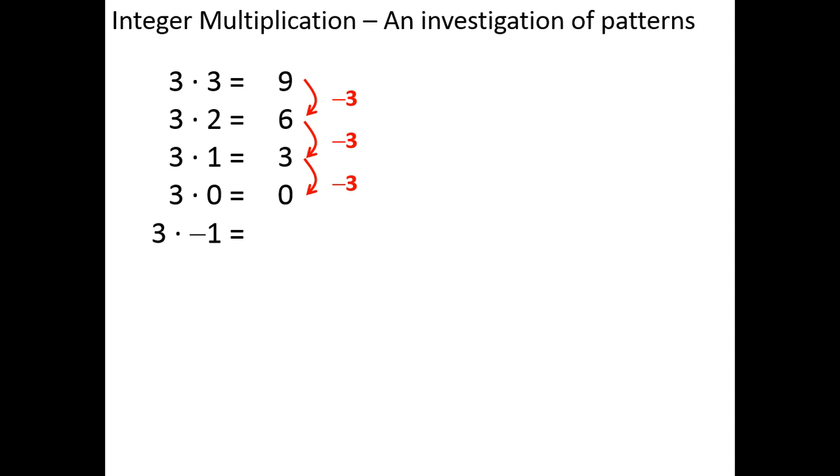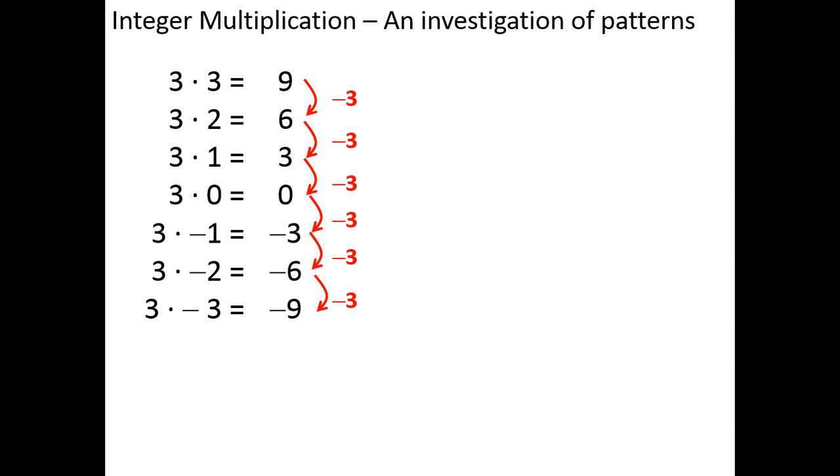So our next multiplication problem would be 3 times negative 1. And continuing the pattern on the right side, subtract 3 from 0, we get negative 3. And we can continue the pattern, so 3 times negative 2 would have to be negative 6. And 3 times negative 3, continuing the pattern on the right, would have to be negative 9.